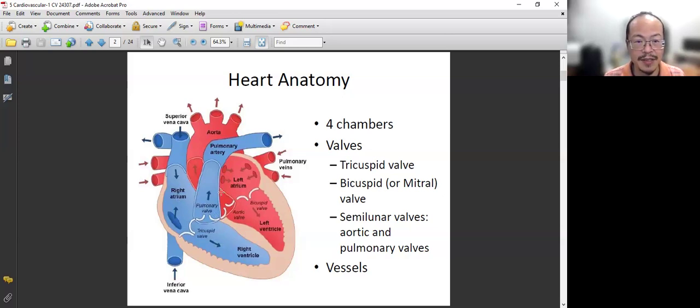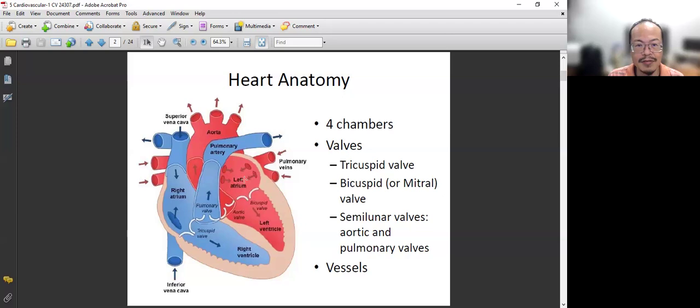Systemic circulation begins from the left ventricle through the aorta to the body, coming back into the vena cava and the right atrium. The pulmonary circulation begins at the right ventricle, goes through the pulmonary artery and pulmonary capillaries, gets the oxygen, and then this oxygenated blood goes through the pulmonary vein and ends at the left atrium. So that's the cycle.